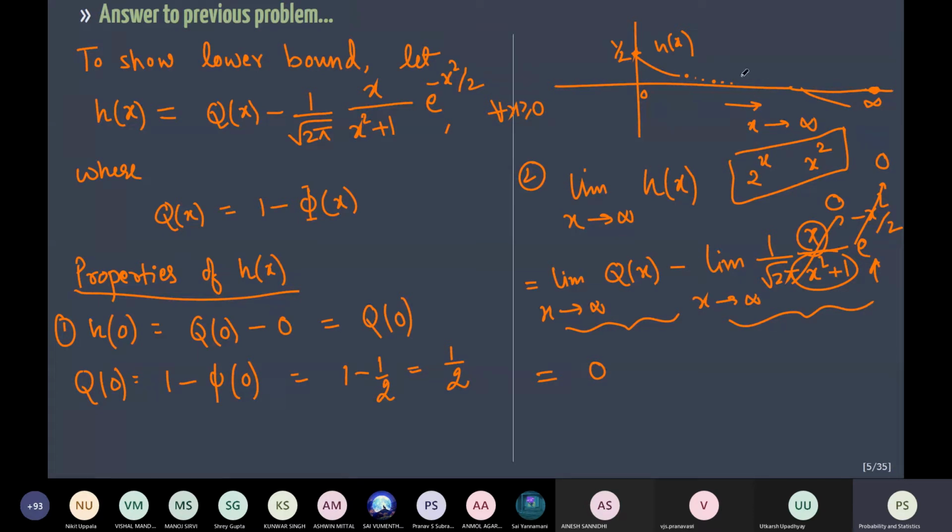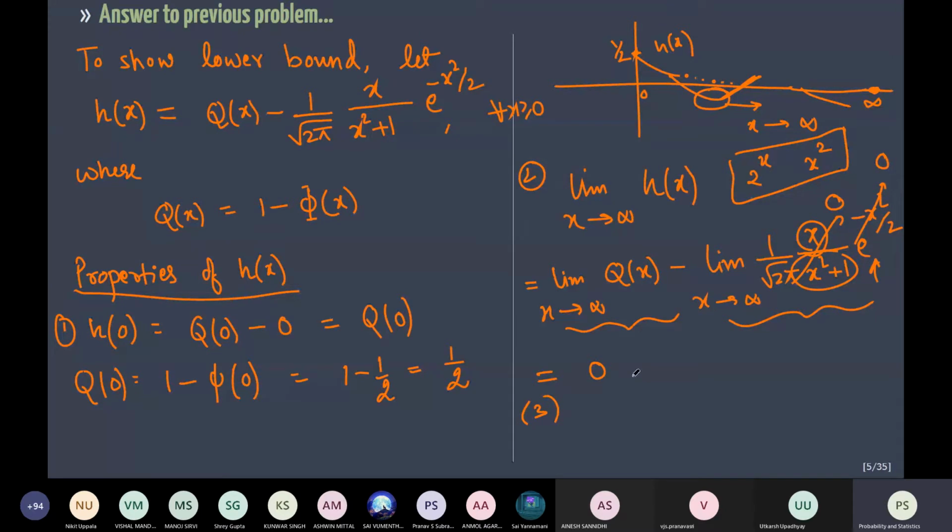So the only thing left for us is to guarantee that h will never do something like this, because those would be the places where hx goes below 0, negative. To guarantee that, if we can prove that the slope of hx is never going to be positive, this will prevent those cases.